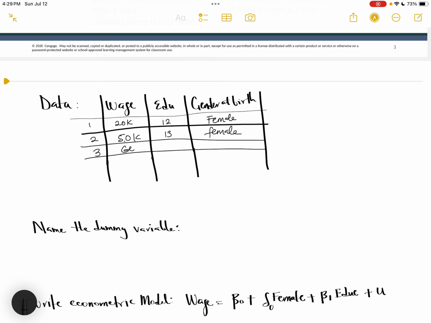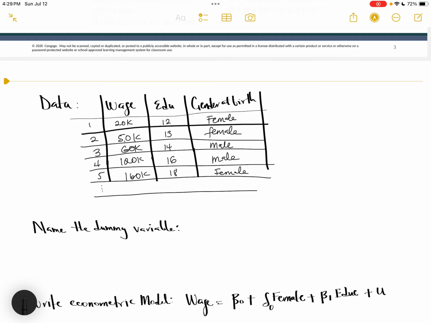Individual 3, how about 60K, 14, gender at birth male. Individual 4, 120K, 16, gender at birth, let's have male. Individual 5, 160K, 18, gender at birth female.